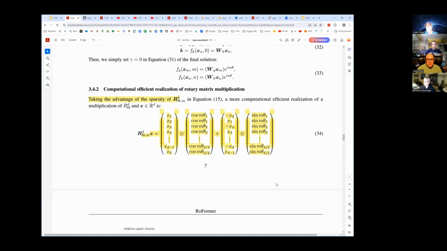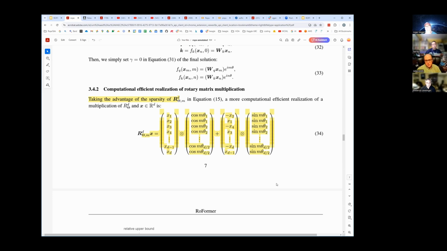I think in this form you can see the source of that long-term decay, because if you have a small relative distance, then your cosine isn't moving very fast and the inner product will be large. But if you go a large distance, then you'll be wiggling much more. So it's basically like the Fourier transform of a sinusoid, how it tails off.